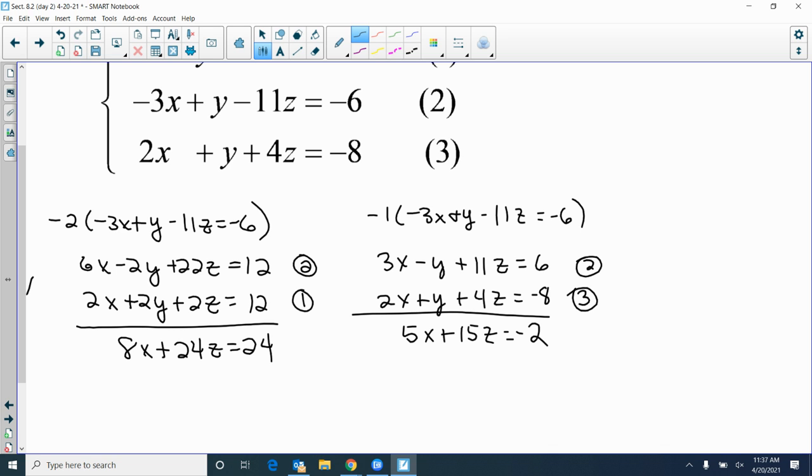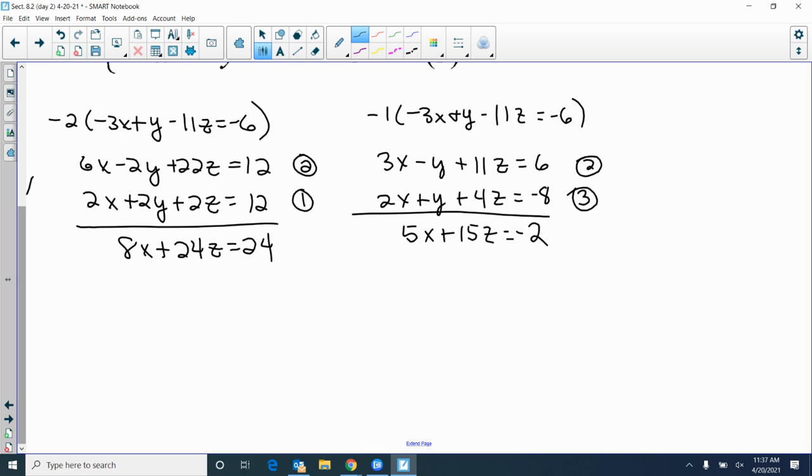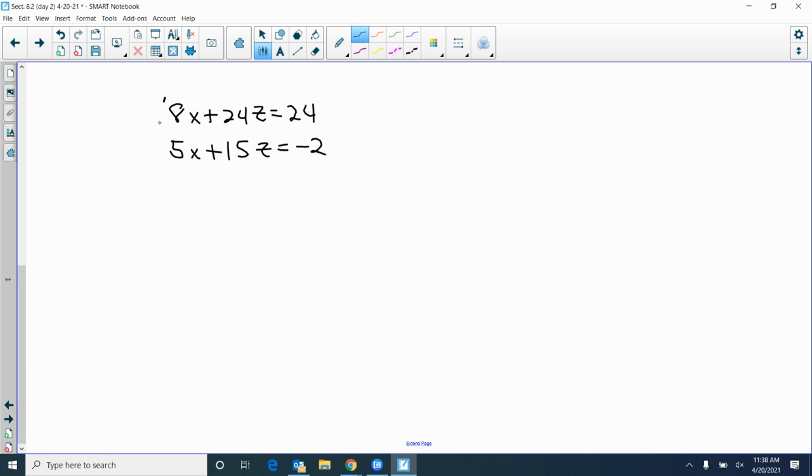All right. Now this is our whole goal, is to get it down to a 2 by 2 system. So I got 8x plus 24z equals 24, and I got 5x plus 15z equals -2. Nathan, good practice for you here. How am I going to do this? We can do the top by -5 and the bottom by 8.